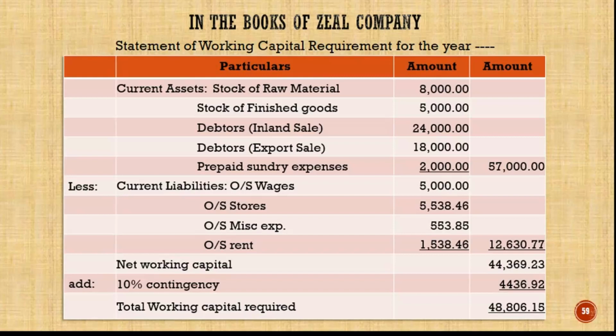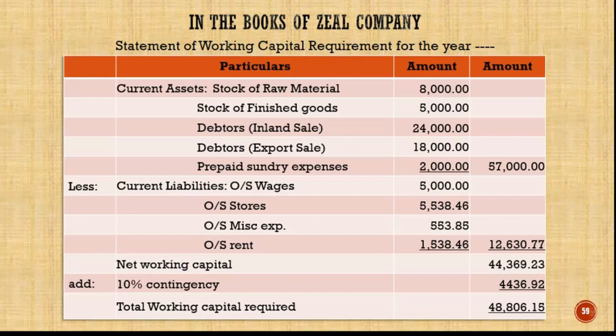Then we calculated net working capital, that is current assets minus current liabilities, and the amount is 44,369.23.